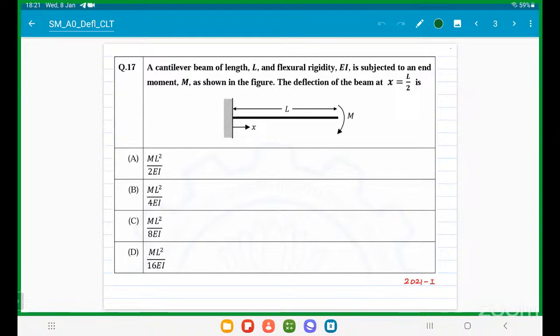Yes, moment area method. Correct. You can do it. Shall we do it, or you can do it? Shall we do it now? No answer.